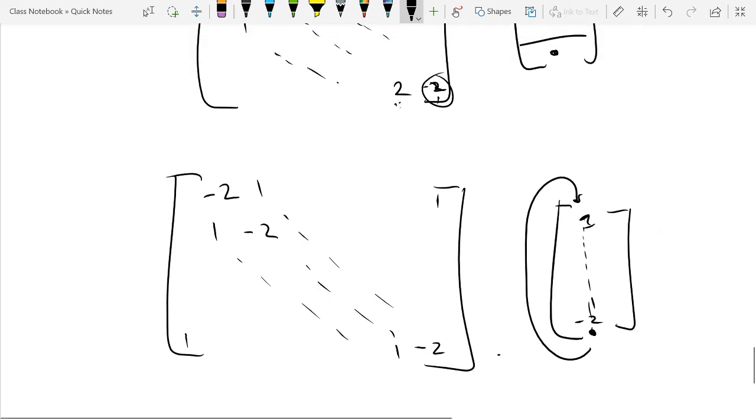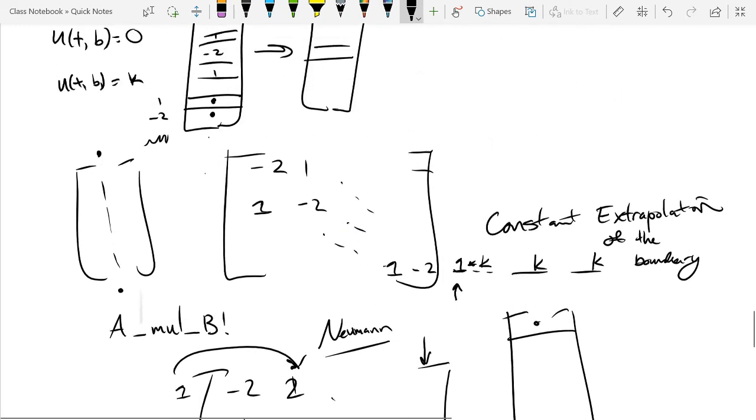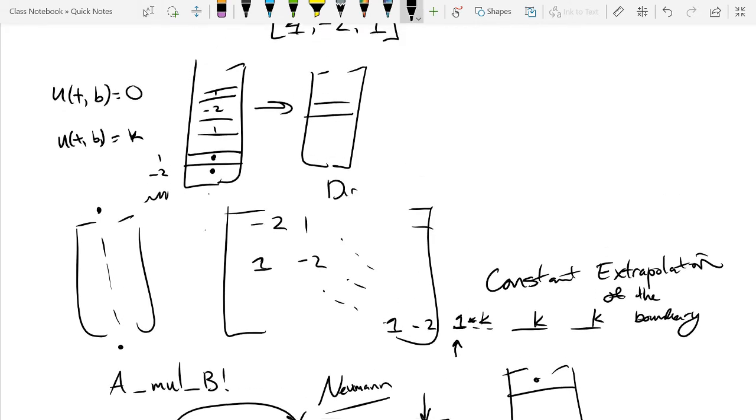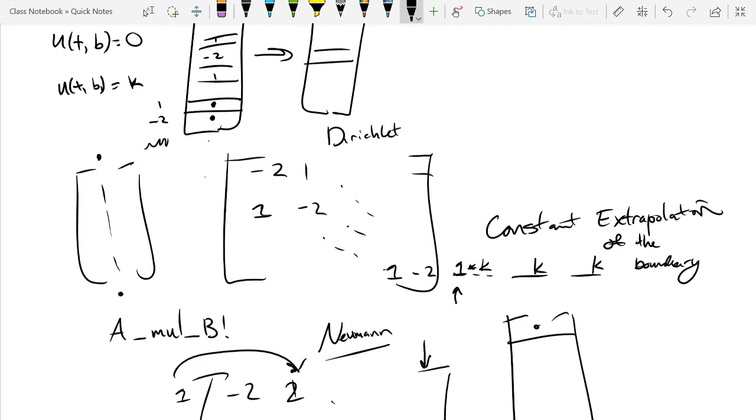So you have periodic, you have Neumann, and you have Dirichlet. The difference is this one says that the boundary value is a certain value, you give it a value. The boundary is equal to k.